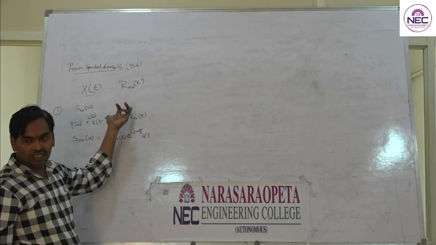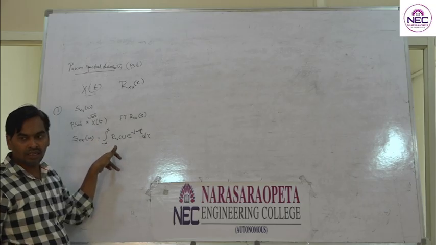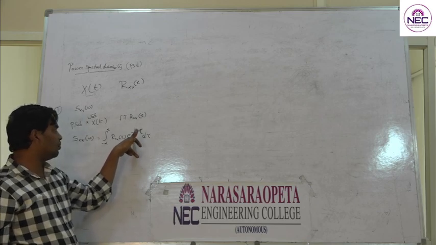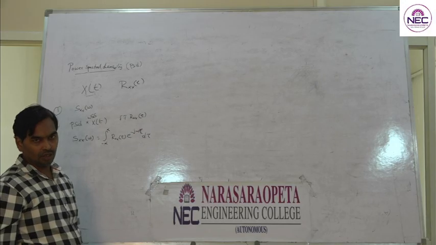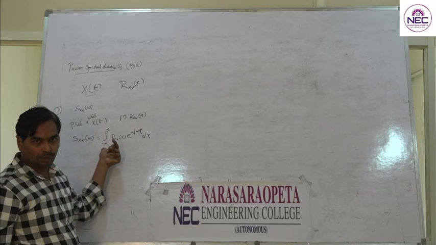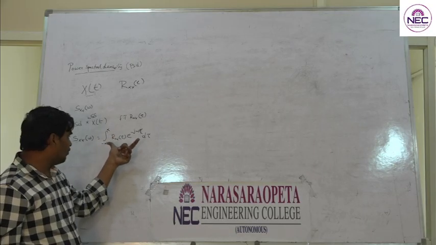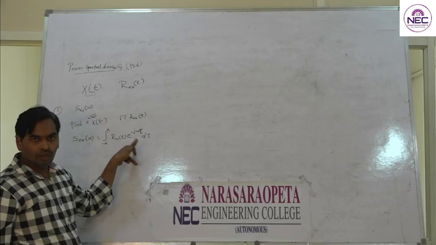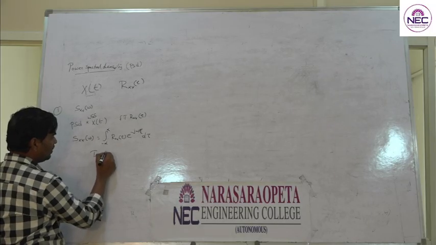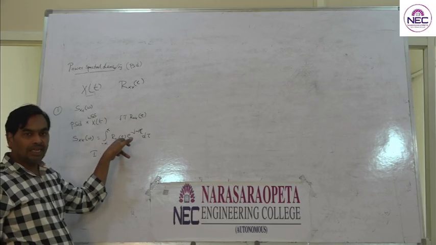From this we can obtain the power spectral density Sxx of omega. And if Sxx of omega is provided to us and we need to obtain Rxx of tau, then by implementing the inverse Fourier transform of this function, we can obtain Rxx of tau.